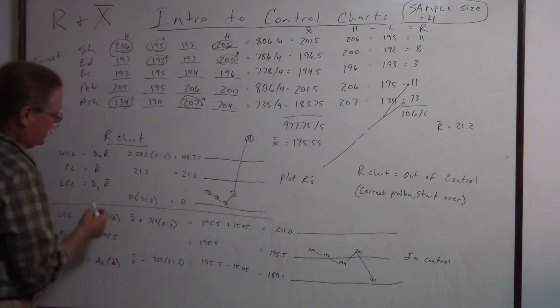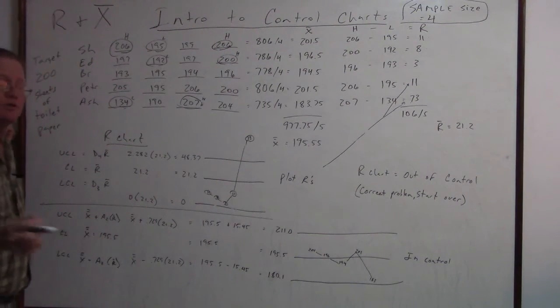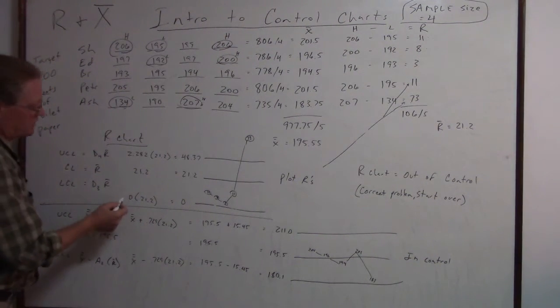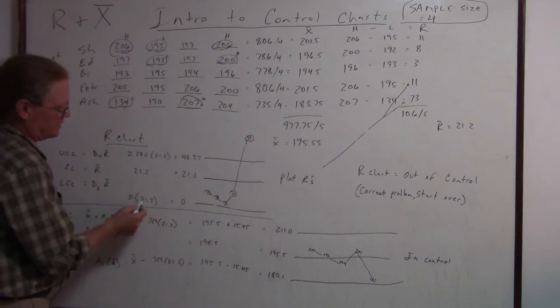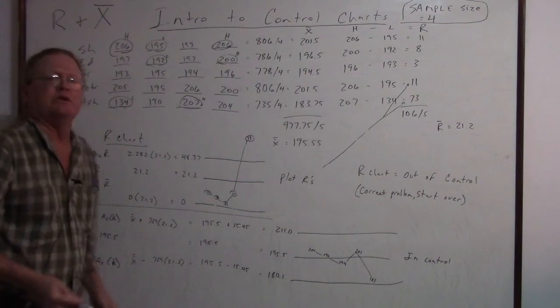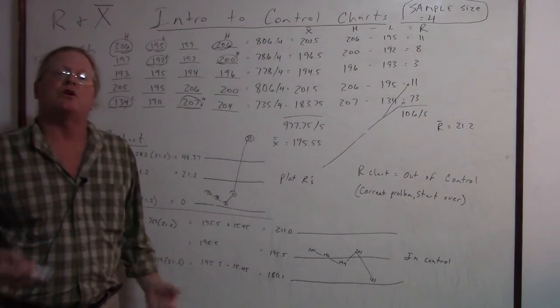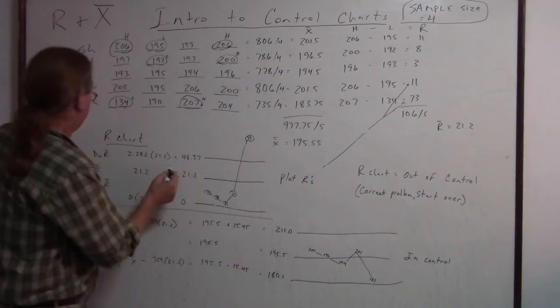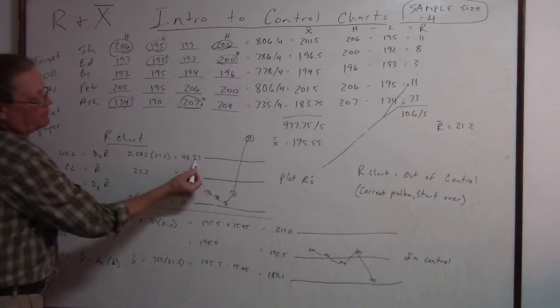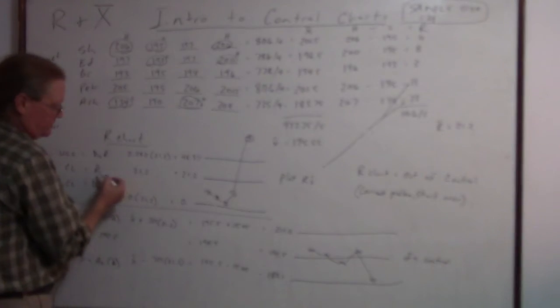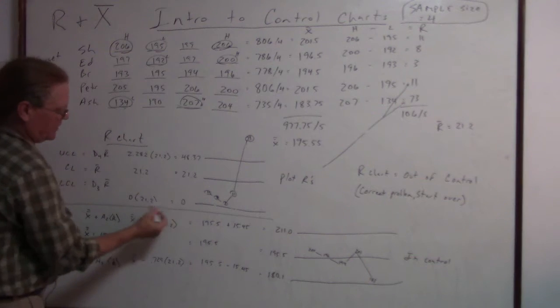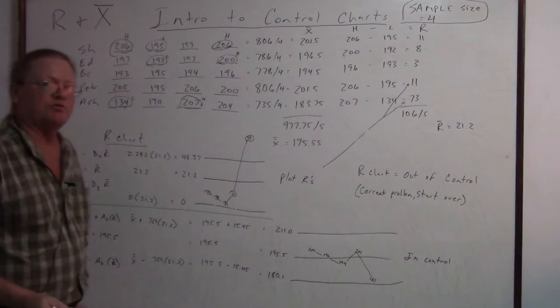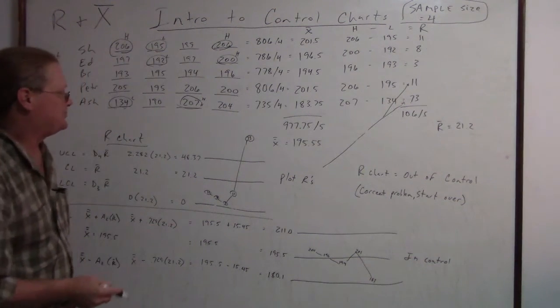And D3 from the chart is 0. So 0 times 21.2 equals 0. So now we have our control chart, upper and lower control limits. Our upper control limit is 48.37, our center line, R bar, is 21.2, and a big goose egg for the lower control limit.